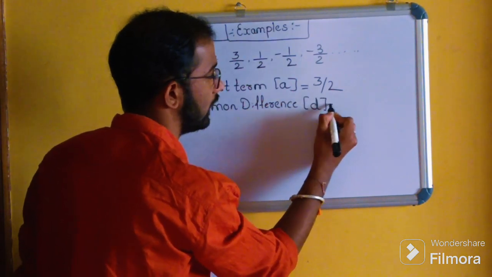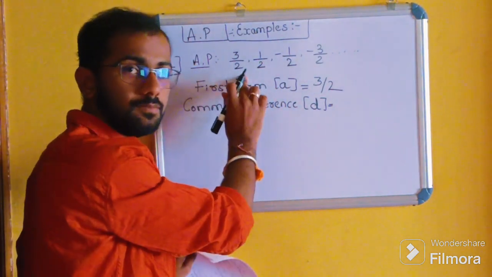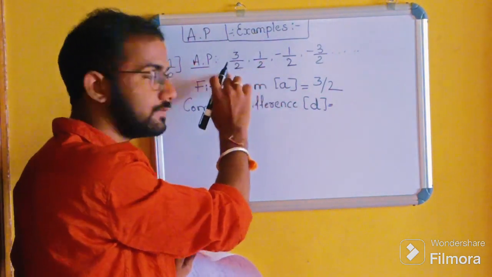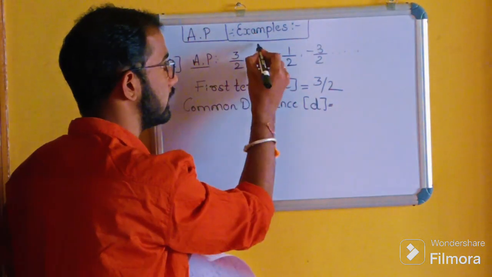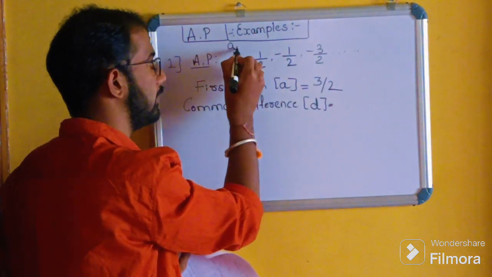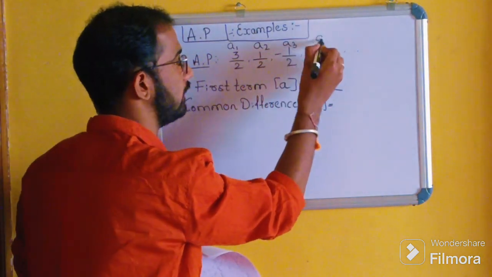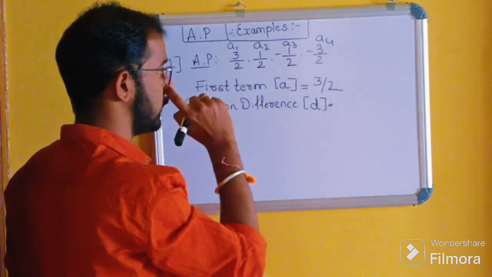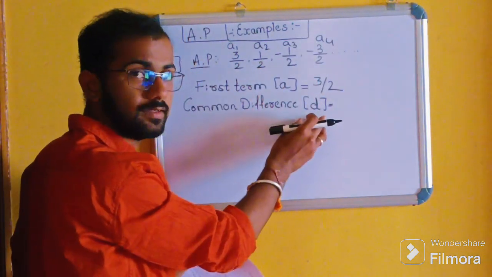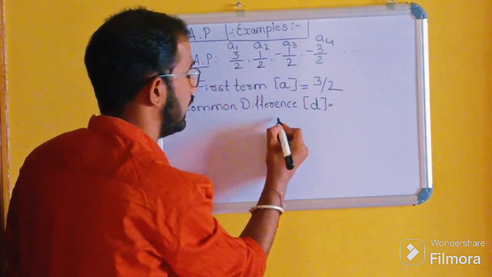How can we find the common difference? d is a2 minus a1, that is, the second term minus the first term. If we take a1, a2, a3, a4 and so on, in order to find d, we have to subtract a2 minus a1.